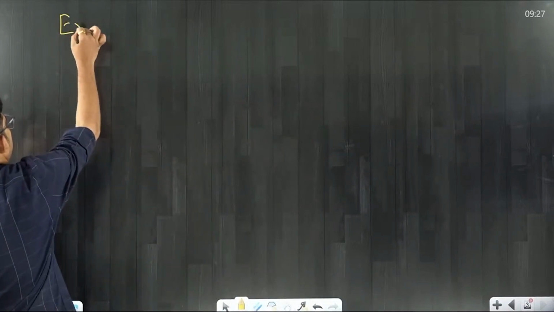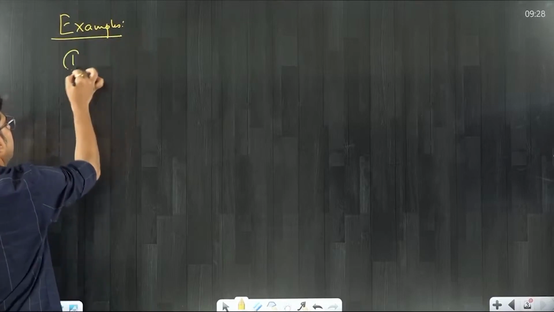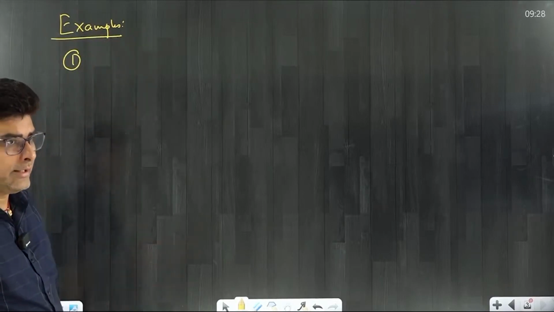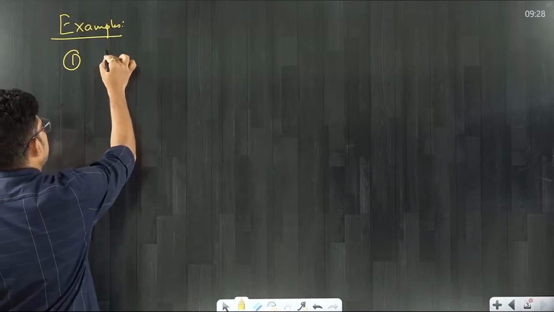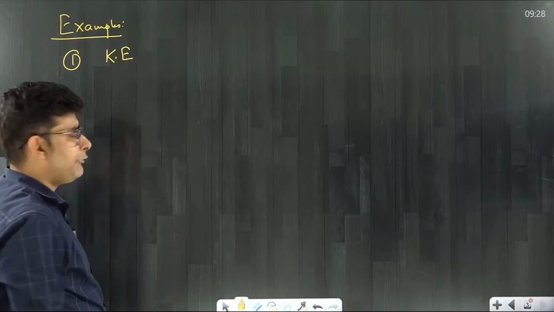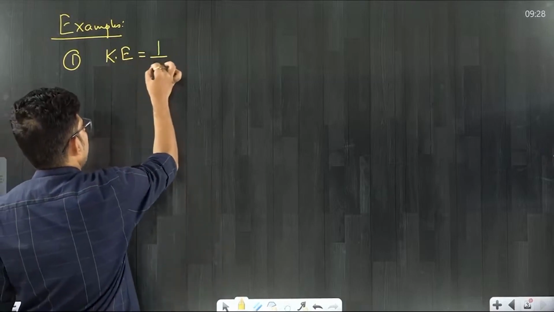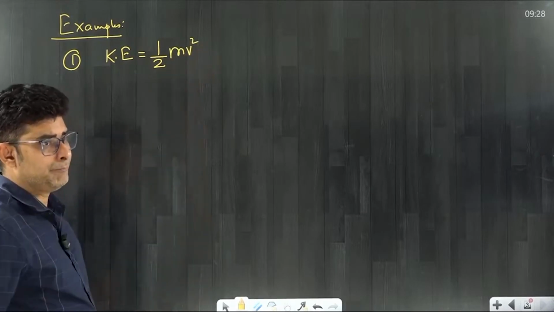Now let's come to examples. Now, first example: you all very well know about kinetic energy. What formula do we have? The kinetic energy formula we know is half m v square.